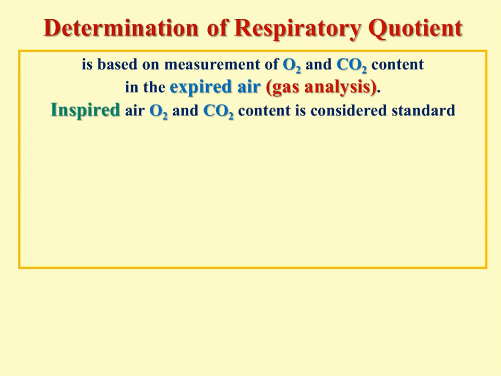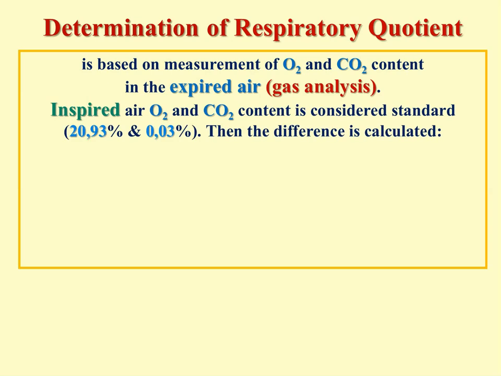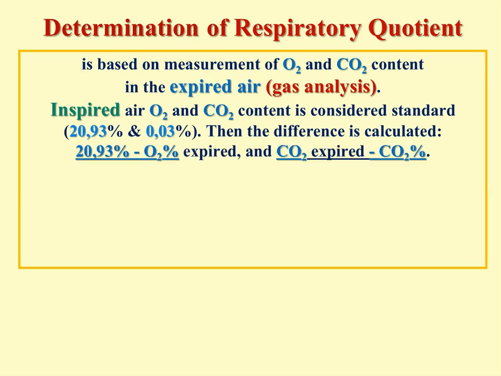So in inspired air, oxygen and CO2 are considered standard, as we know, 20.93% for oxygen and 0.03% for CO2. So we can calculate the difference. If we subtract the content of oxygen in the expired air from 20.93, we get how much oxygen was used by the body, because expired oxygen was not used from the initial.